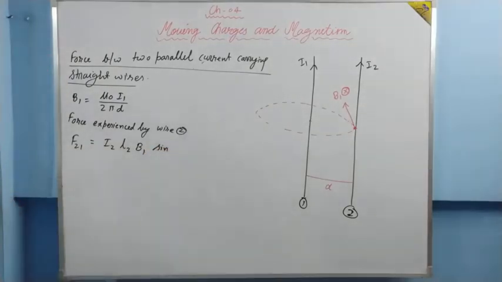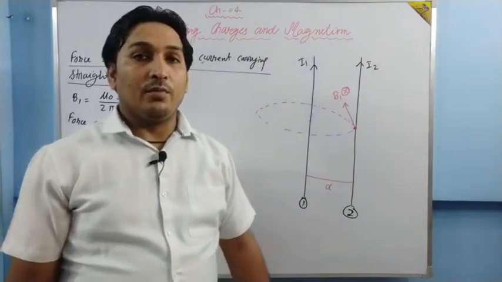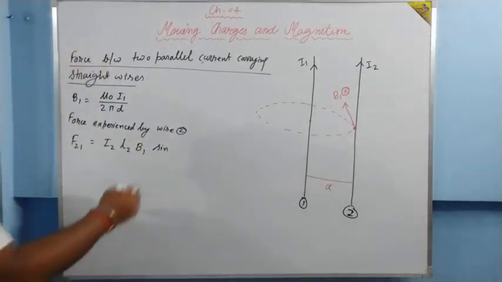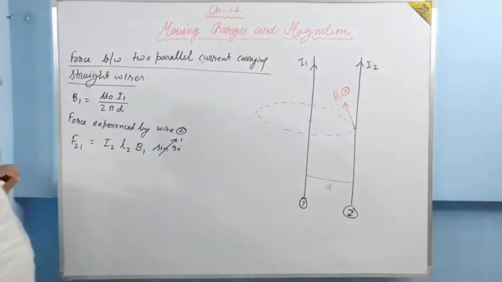What is the angle between current and the magnetic field? Magnetic field is perpendicular inward and current is upward. So basically they make a 90-degree angle. So here it will be sine 90. The value of sine 90 is 1.